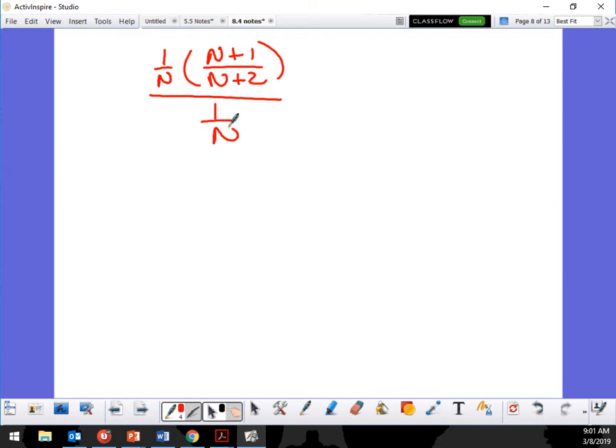We're still doing the limit. So it's going to multiply by the reciprocal.